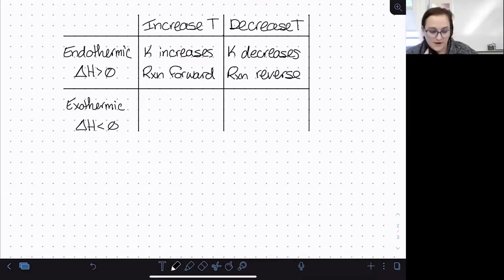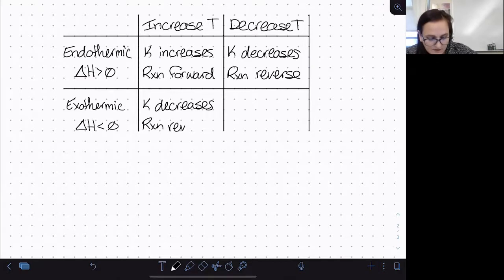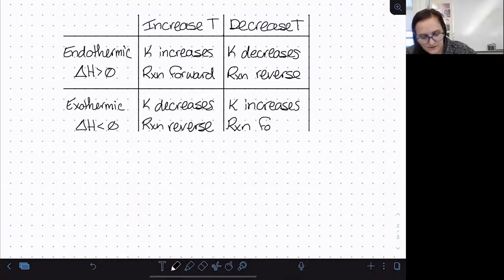For an exothermic process, when you increase the temperature, K decreases and the reaction runs in reverse. When you decrease the temperature, the value of K increases and the reaction runs in the forward direction.